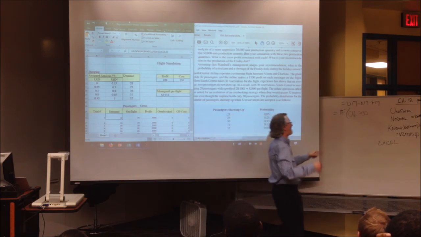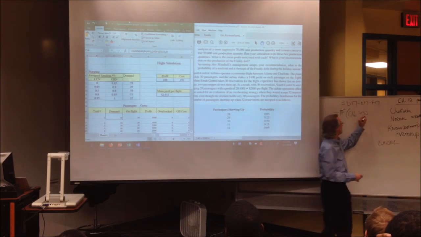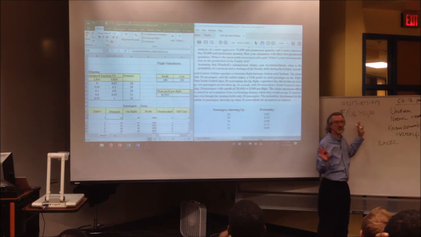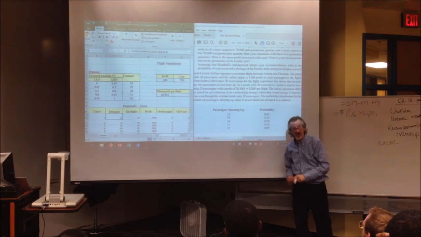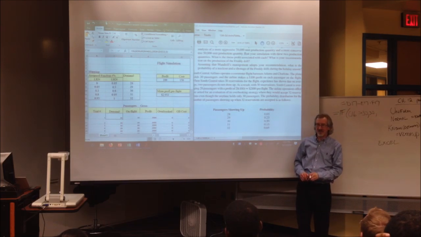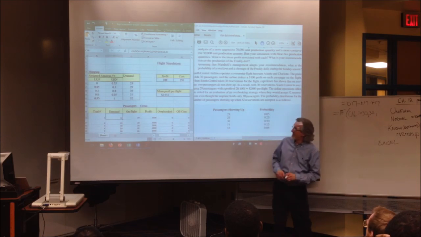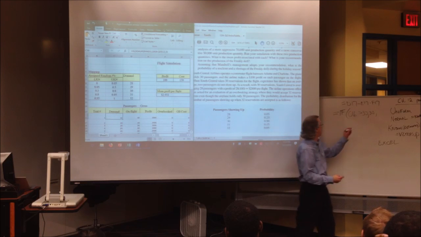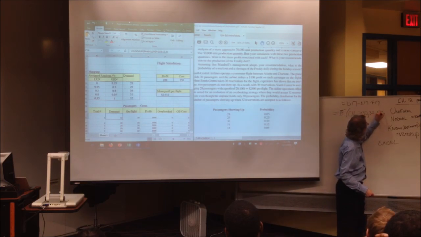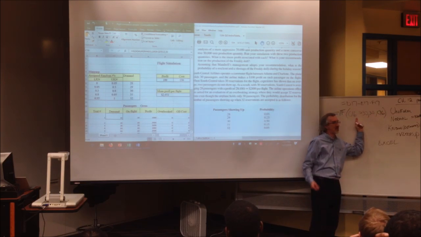What is it we want to be put there if more than 30? That's right. Put the number 30 there. If it's not more than 30, what do we want to be put there? That's right. Whatever the cell location of how many did show up that are 30 or less, which is C16. So we're looking at the previous cell.